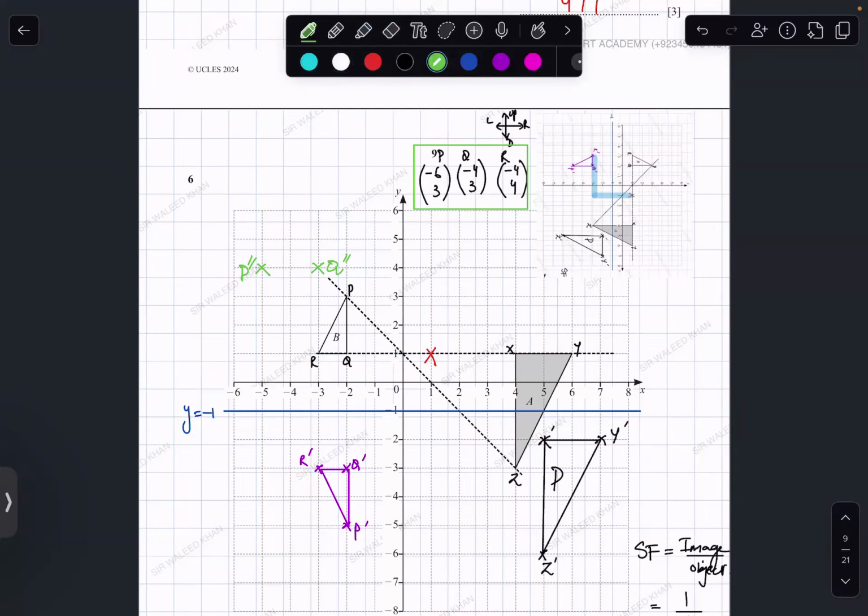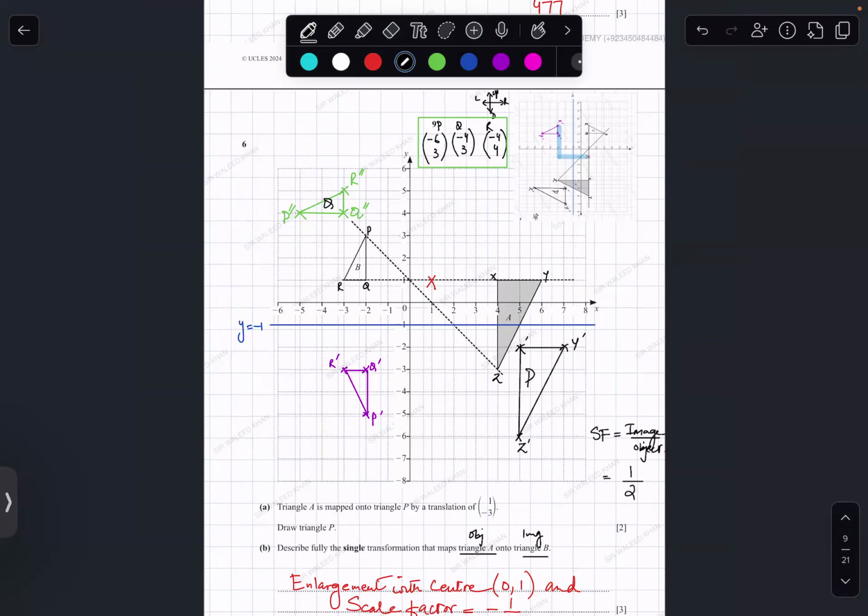Okay. R, 4 to the left and 4 upwards. So this is your triangle Q. Is that clear? Any questions? Okay. Moving on.